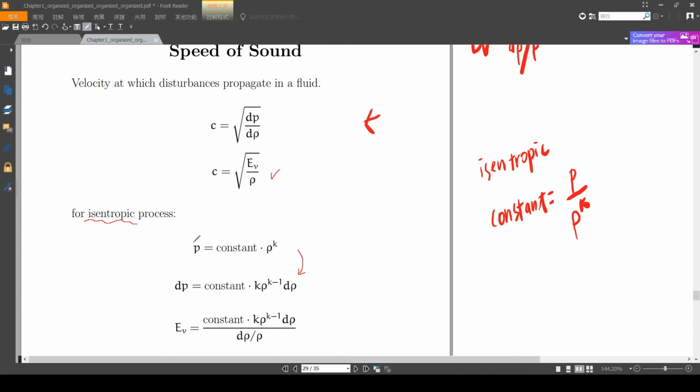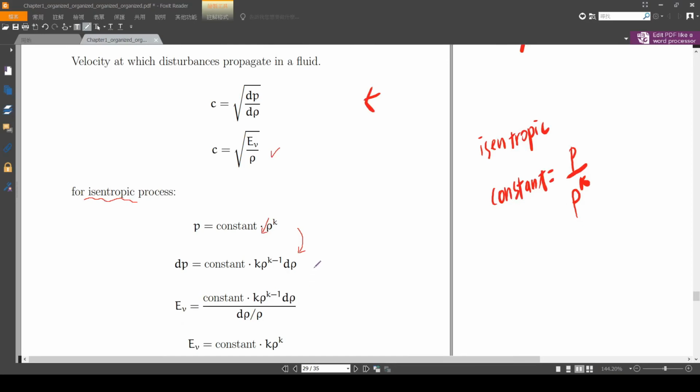So you will know that dp, with the constant still the constant, will equal K times density to the K minus 1 times the derivative of density.